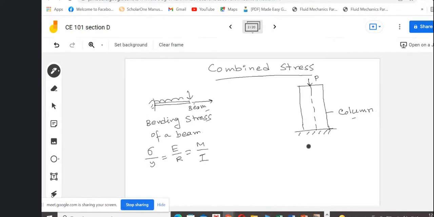For this case, if we want to see the sectional view from the bottom side or top side, anywhere is fine because this is basically a 3D member.